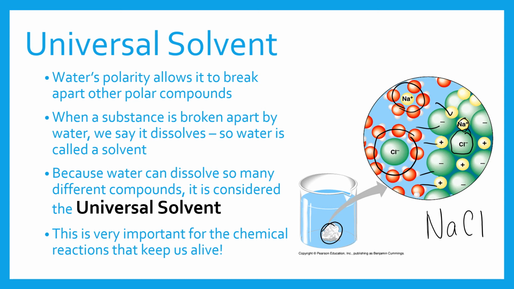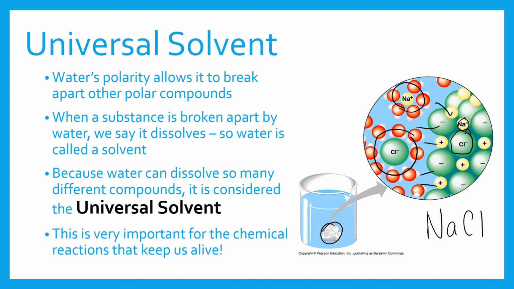Now, water can dissolve so many different substances that we call it universal, meaning it covers many things. If you think of the whole universe, that's a large amount of space that includes all the material in the world. So universal means a large grouping. So it's the universal solvent. It can dissolve almost everything, but only polar substances.